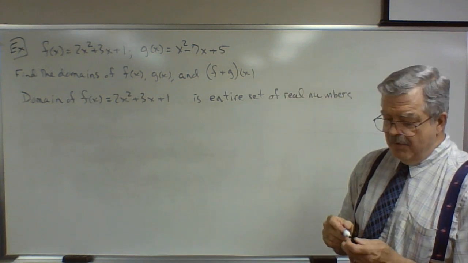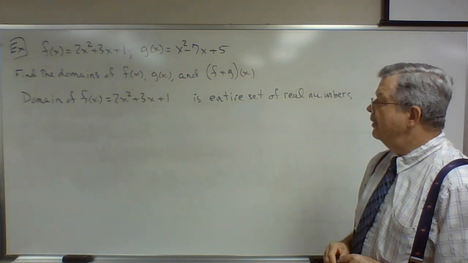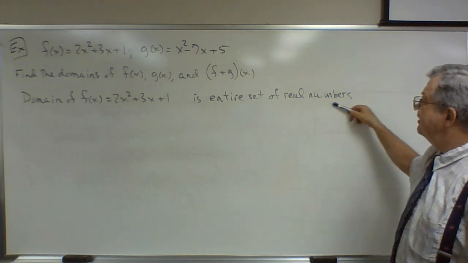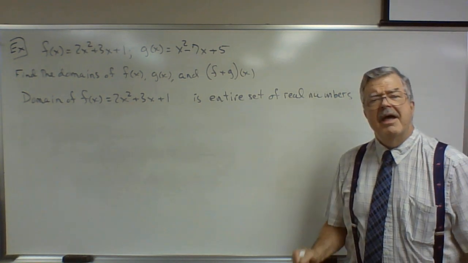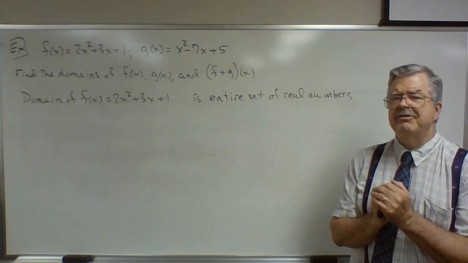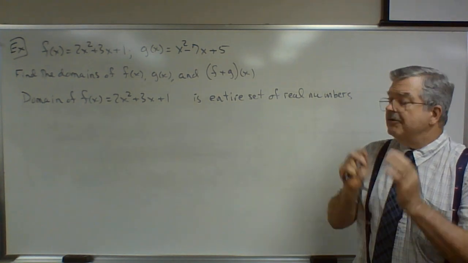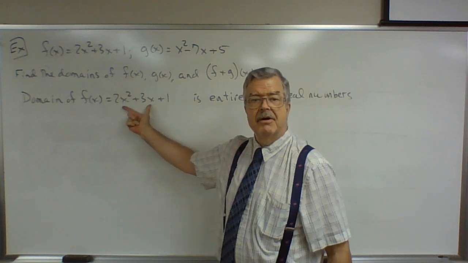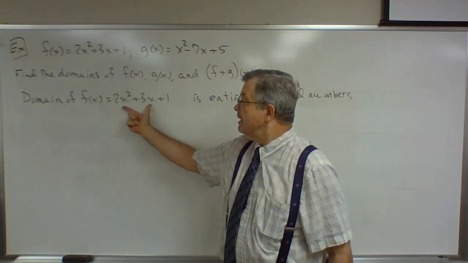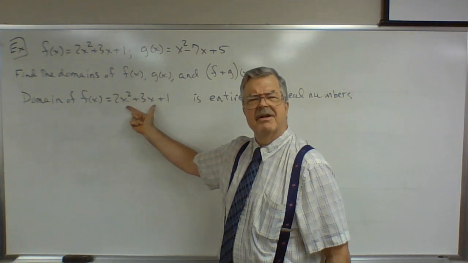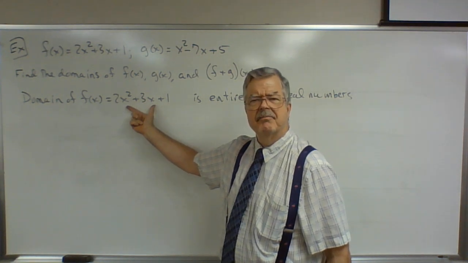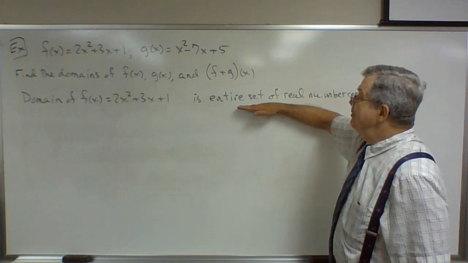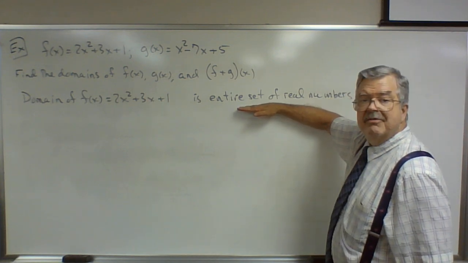We start off doing what we always start off doing. We assume that the domain of this function is the entire set of real numbers. And then we do a couple of checks. Is there any value of x that causes division by 0 here? No, we're not dividing by anything, are we? Okay, so the domain is still the entire set of real numbers.